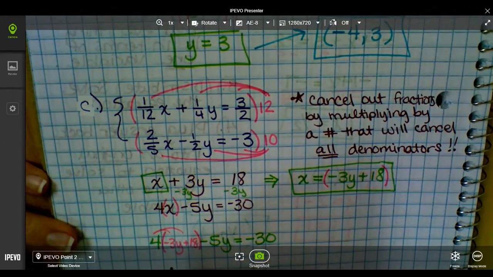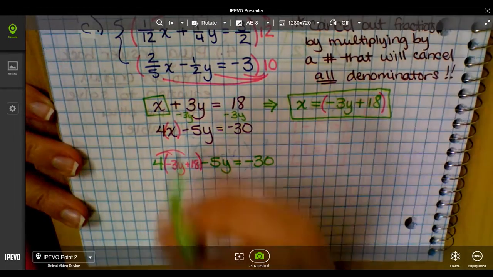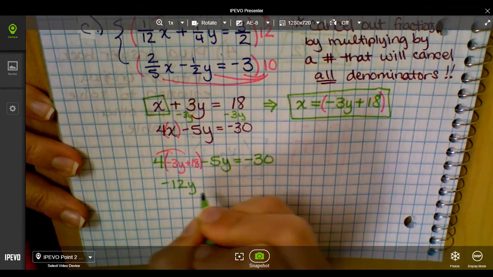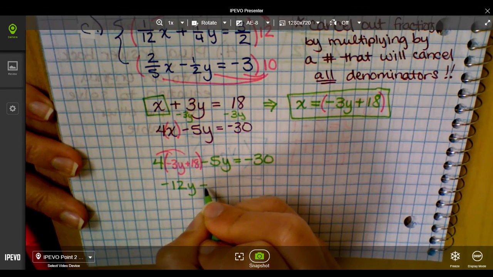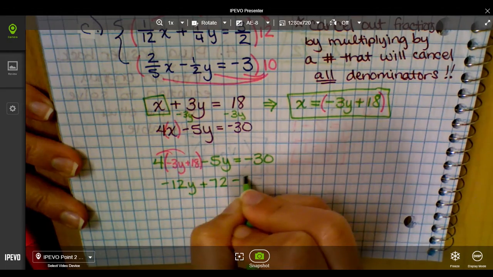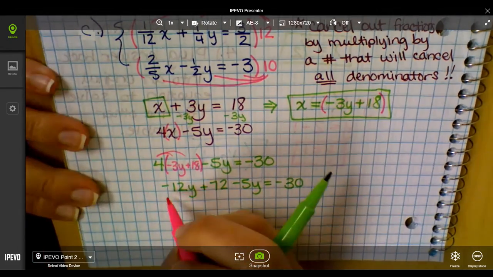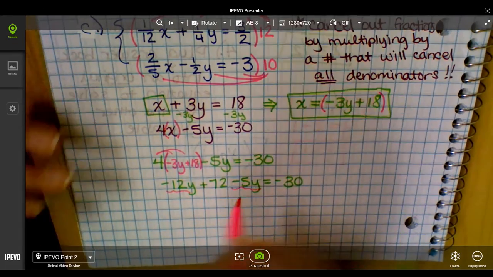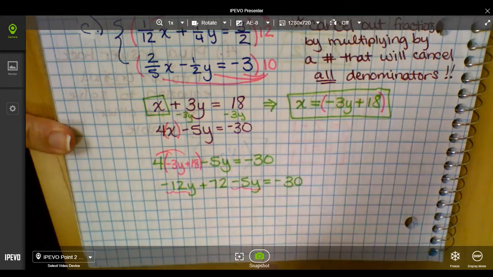So 4 times negative 3y, hold on, gotta move that down so you can see what I'm doing. 4 times negative 3y is negative 12y. 4 times 18 is going to be 72. And then minus 5y equals negative 30. Combine like terms. Negative 12 plus negative 5. Again, make sure two negatives added together is a bigger negative.